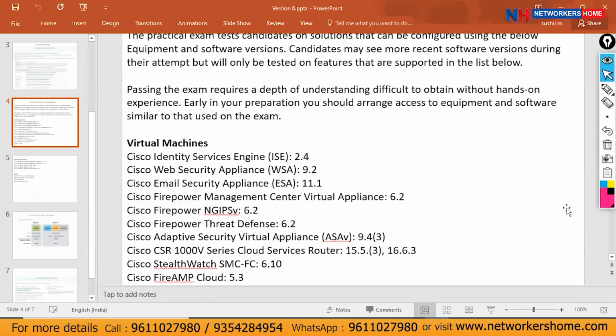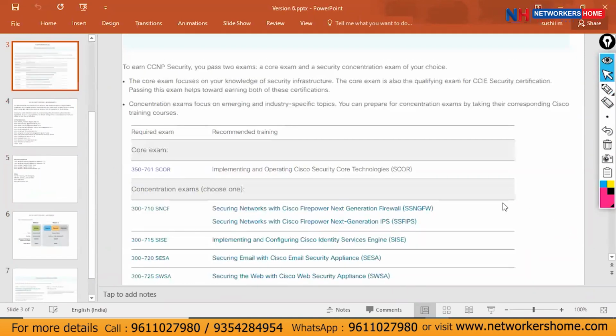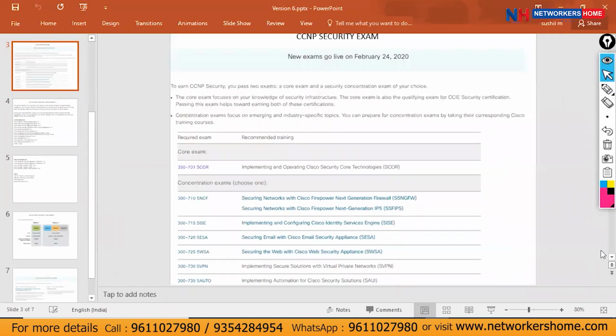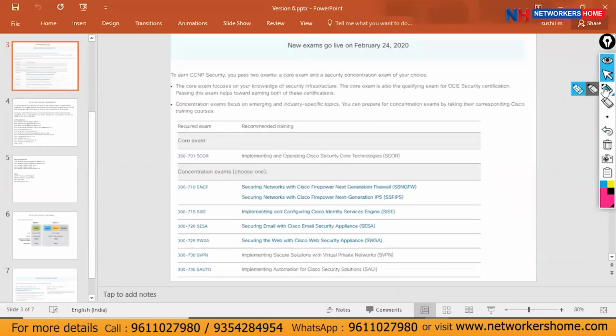You can see the total elective papers you have, and these elective papers are not mandatory to write. See, earlier to do a CCNP certification, 4 papers were required. But now, 1 core and any one of these, you are CCNP certified, only 2 papers.